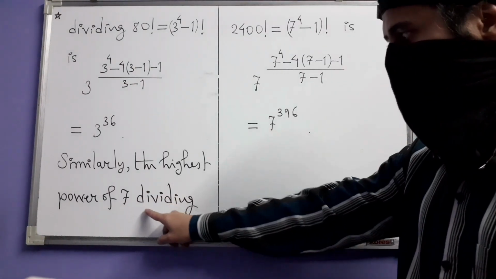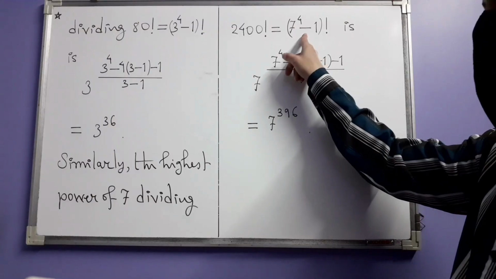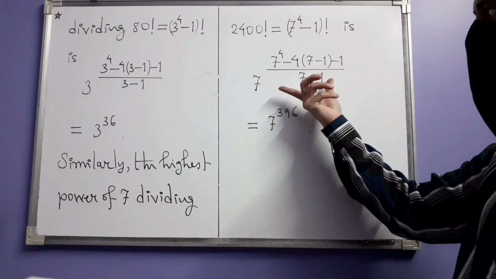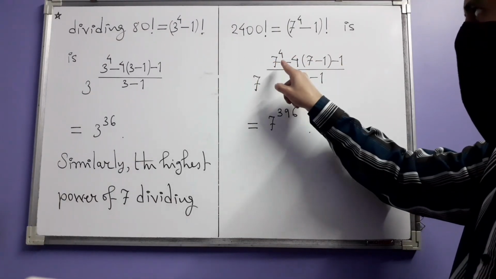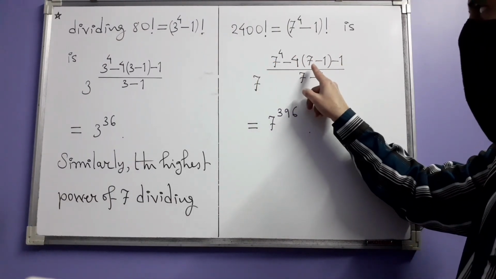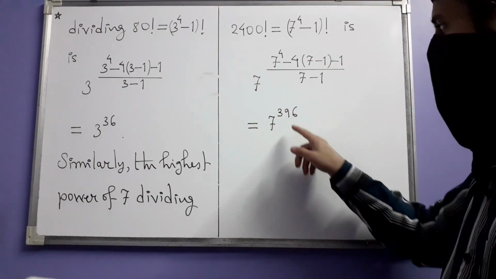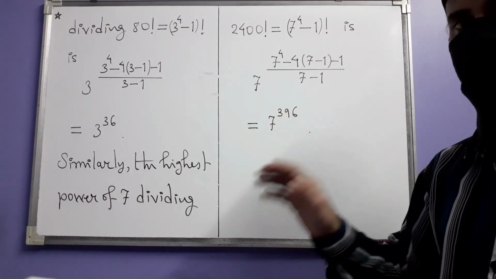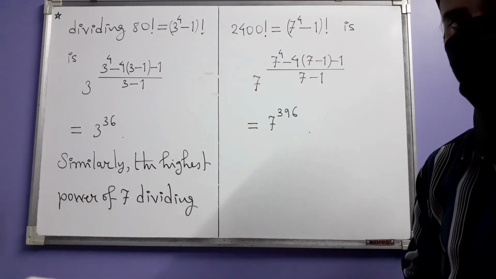Similarly, the highest power of 7 dividing this other factorial, which also has this form, 7 to the power 4 minus 1 factorial, is this power of 7, where the exponent again is just like that, 7 to the power 4 minus 4 times 7 minus 1 divided by 7 minus 1, which equals 396. So this is the power of 7 that will appear in the prime factorization of this gigantic number, whatever it is.